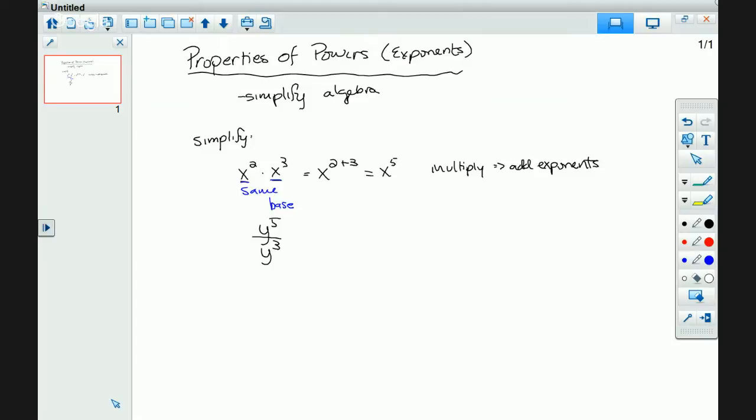See the pattern? So dividing means subtract the exponents.